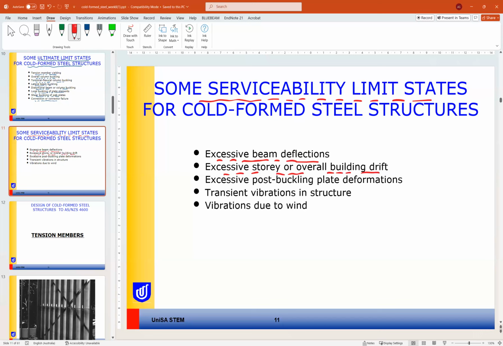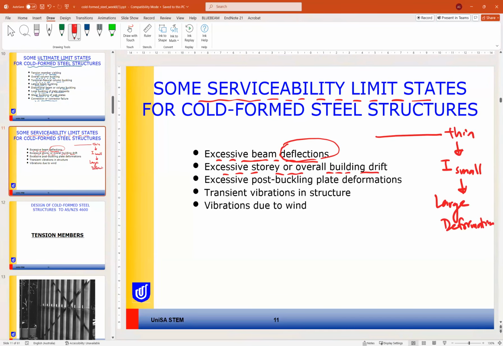Here, excessive, because if the member is thin, it has a small I, so it will have large deformation or large deflection. So we expect large deformations or large deflections due to the thin nature of the members.